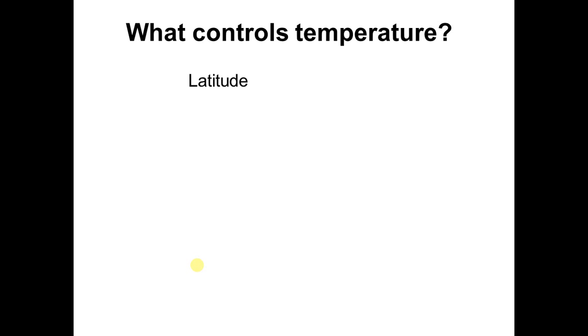In general, low latitudes, the equatorial regions, the tropics, are warm year-round. The reason being that the sun is always high in the sky, right? Whereas temperature tends to decrease on average as one travels to higher latitudes.